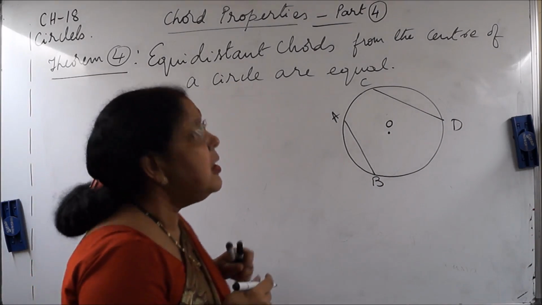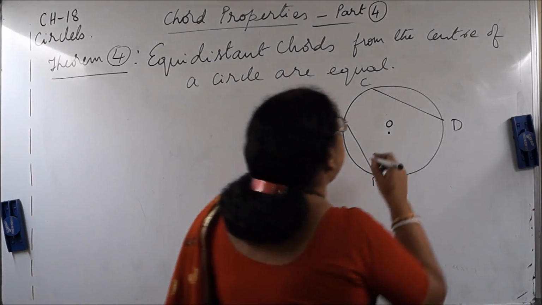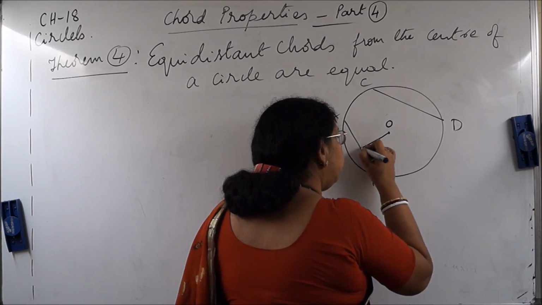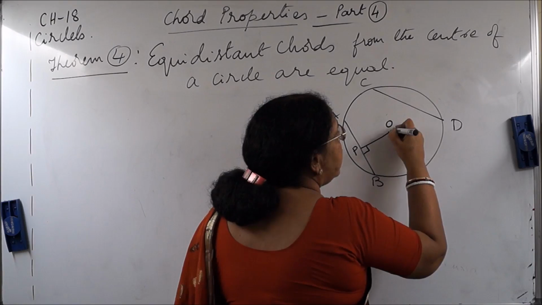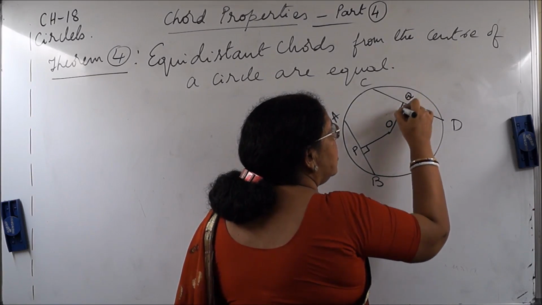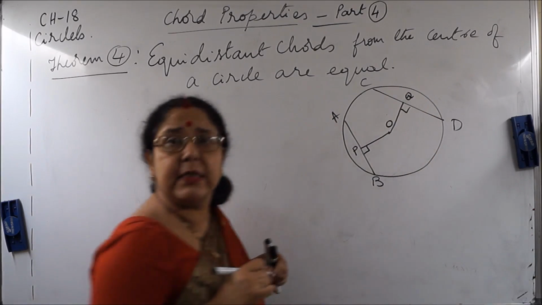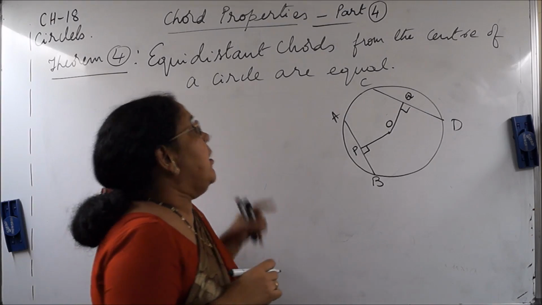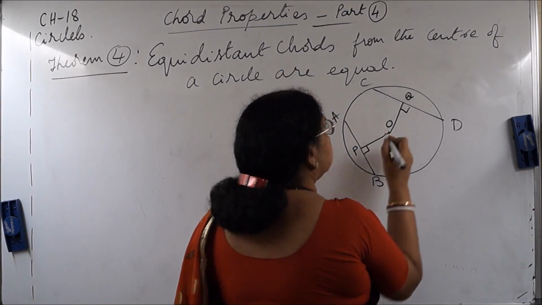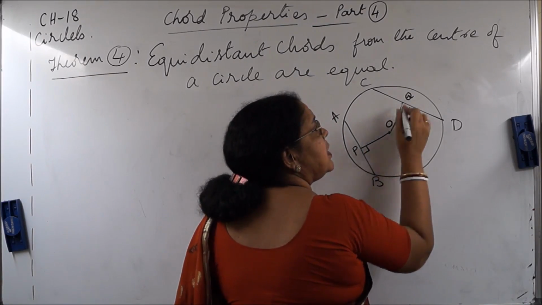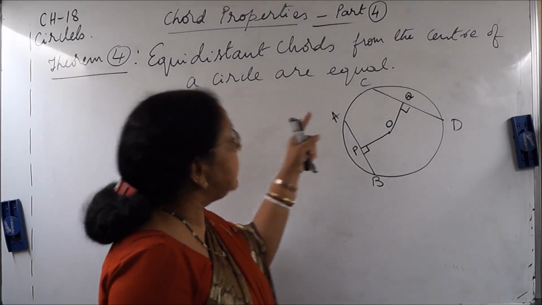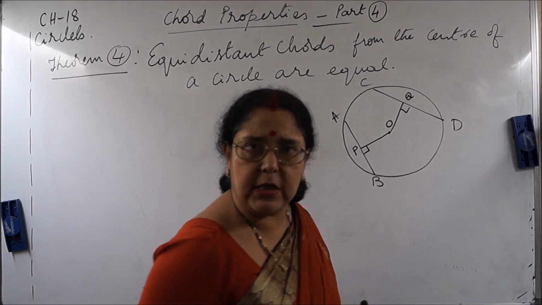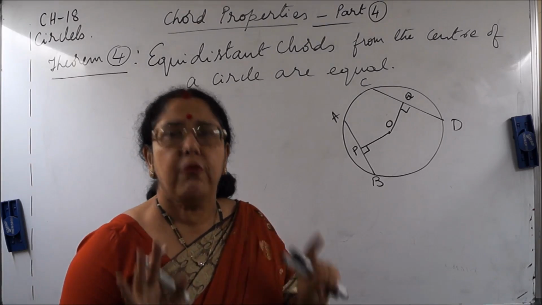Here what we know is equidistant. That means if perpendiculars are drawn, that is OP is drawn perpendicular to AB and OQ is drawn perpendicular to CD, then because they are equidistant, we know OP is equal to OQ. Now what will we verify? We will verify whether chord AB is equal to chord CD or not.